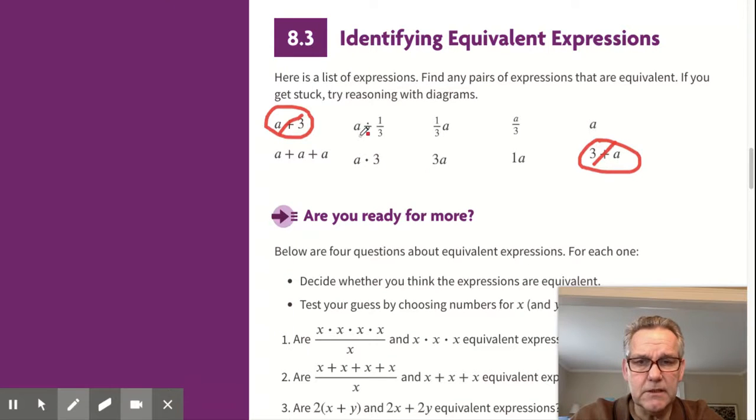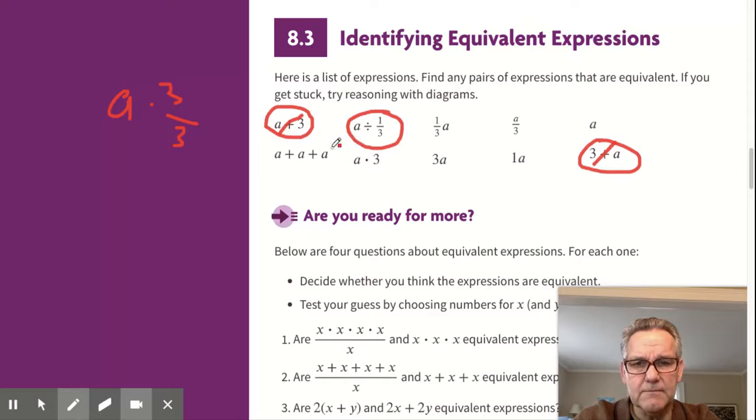So let's look at this one. A divided by 1/3. Well, dividing by a third is the same as, can't we do A multiplied by the reciprocal? So isn't that the same as taking A and multiplying by 3?